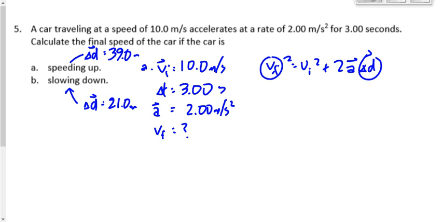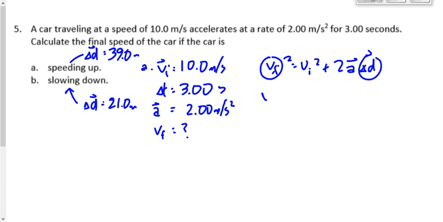We could write this down and say, oh, I don't have D. Let's find D. Let's find displacement. However, we found displacement in question number 4. That would be absolutely valid, right? And you probably wrote down that equation because you already have the displacement. That's just as efficient as the way that I was going to do it, if you already have the displacement.